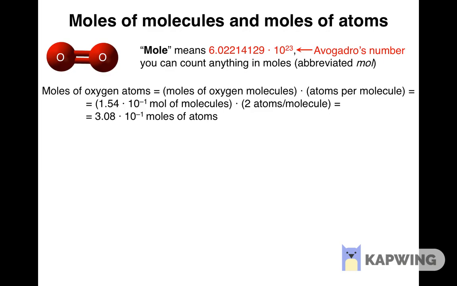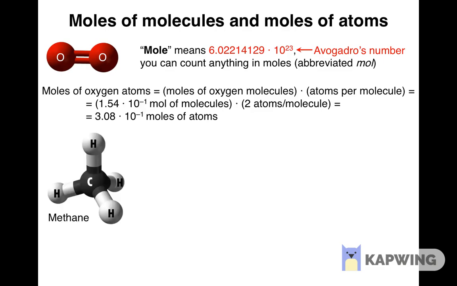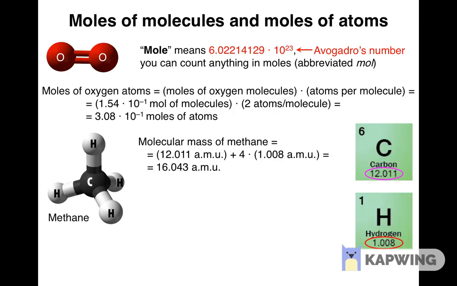Now let's consider the example of methane, a molecular compound for which the molecule consists of 1 carbon atom and 4 hydrogen atoms. What is the molecular mass of methane? It is equal to the sum of the atomic masses for all the atoms that make it up.